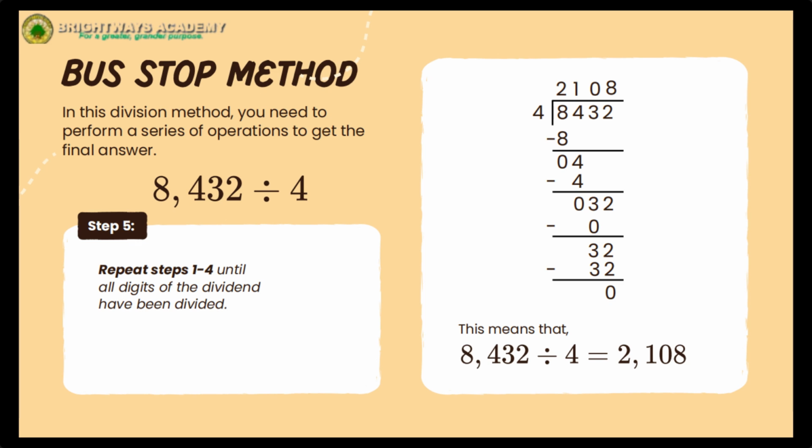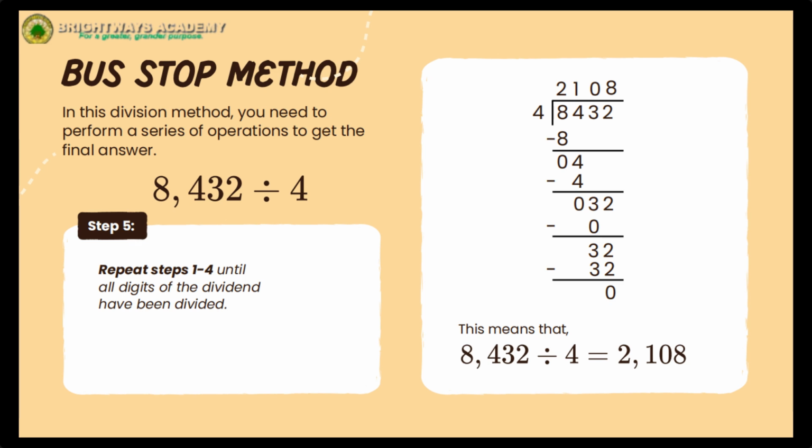4 divided by 4 is equal to 1, which is written on the top. Then, multiply 1 by 4, which is equal to 4. So, 4 minus 4 is equal to 0. And then, bring down 3. 3 divided by 4 cannot be done.